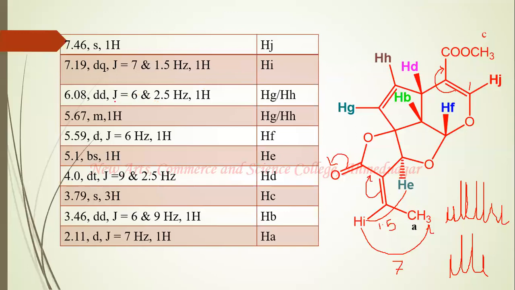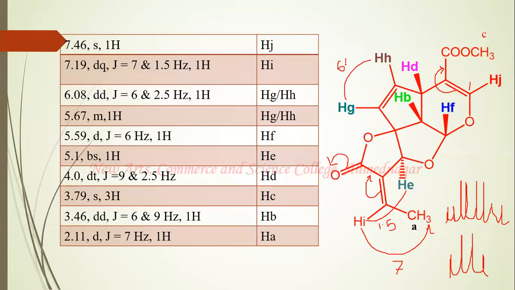Now one coupling constant value is 6 and the other one is 2.5 Hertz. Let us see, these Hg and Hh protons are present on an olefin in the 5-membered ring system. So the coupling constant value for such a cis olefinic coupling will be 6 Hertz.